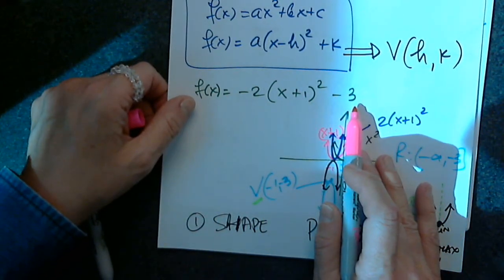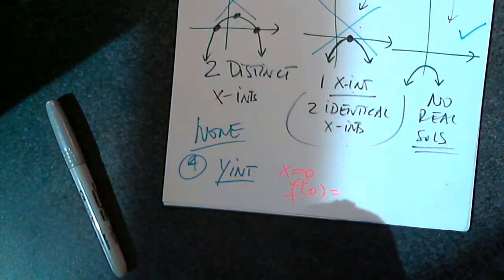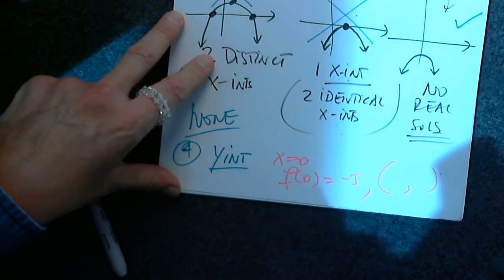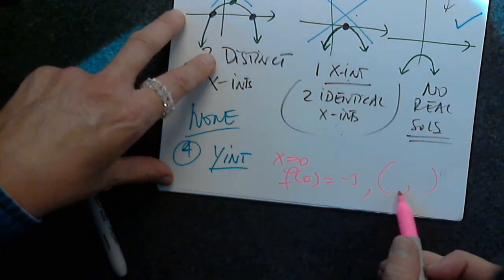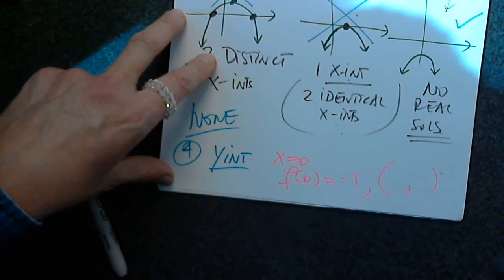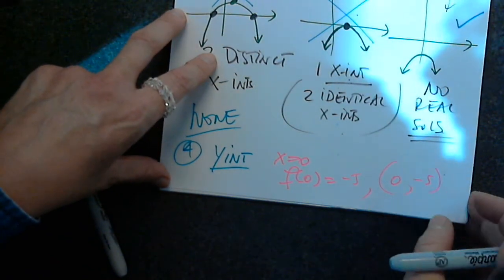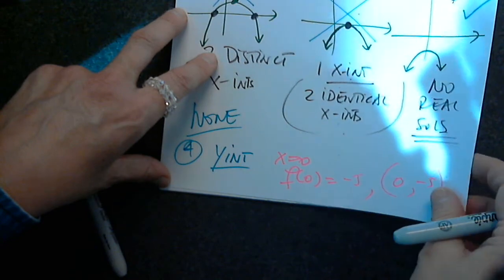Negative 2 minus 3. That's it. So, exactly. So then, what are the coordinates of the y-intercept? 0, negative 5. Perfect. Any questions?